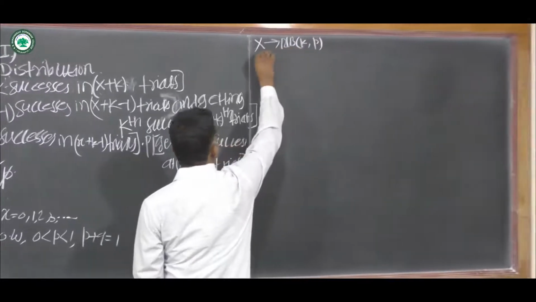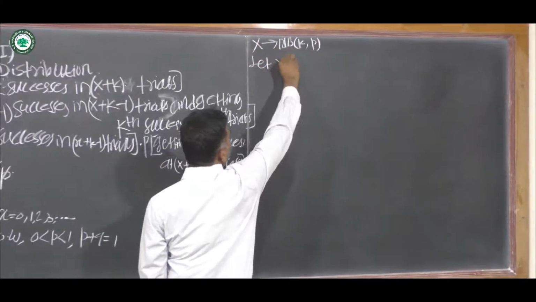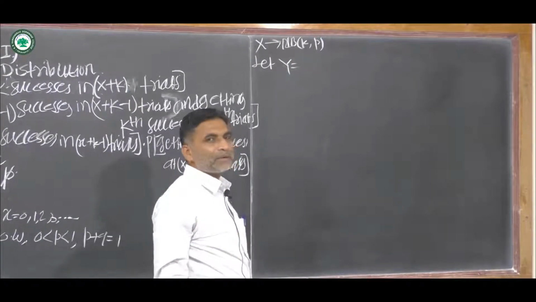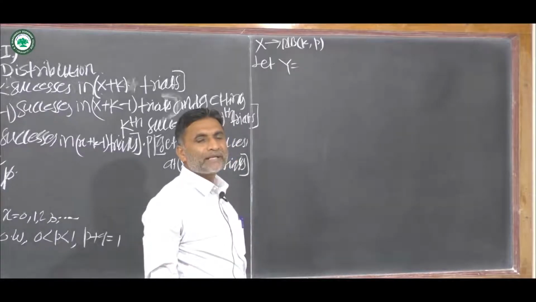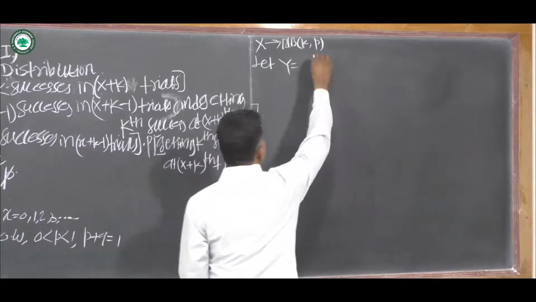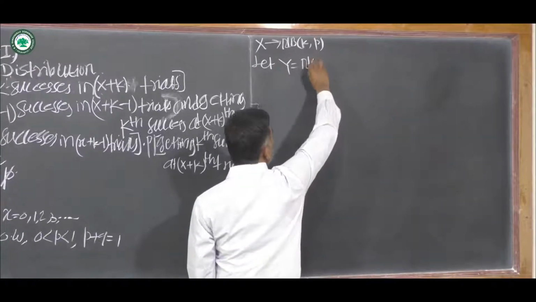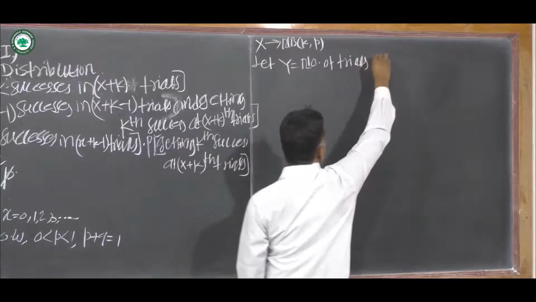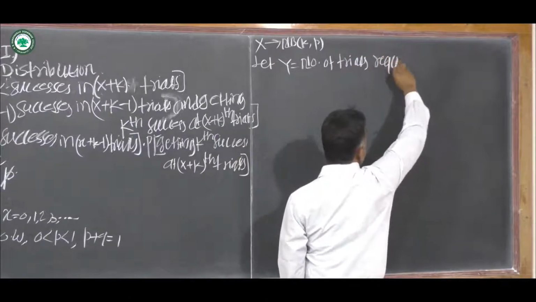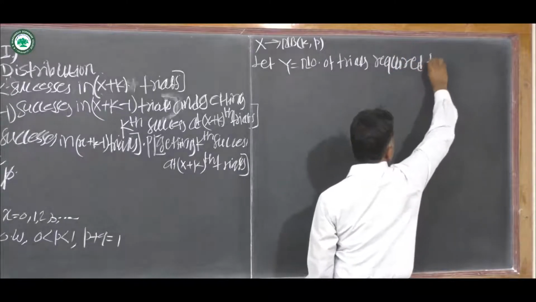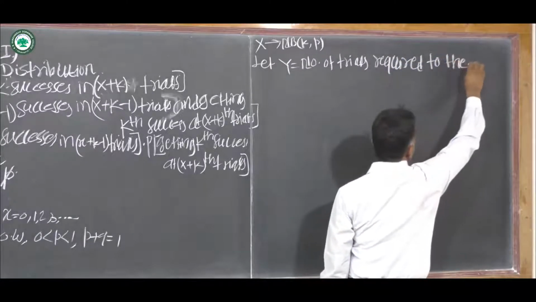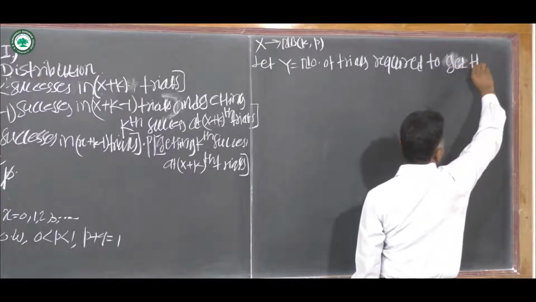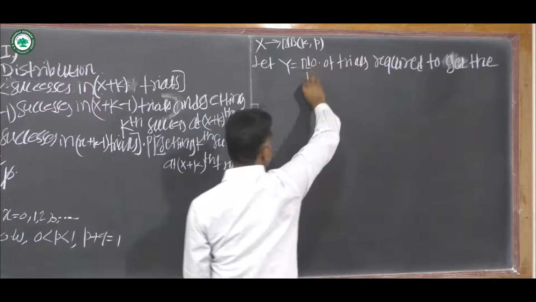Suppose Y is equal to the number of trials required to get the kth success.